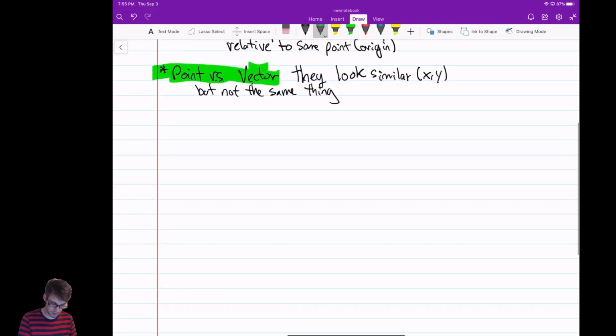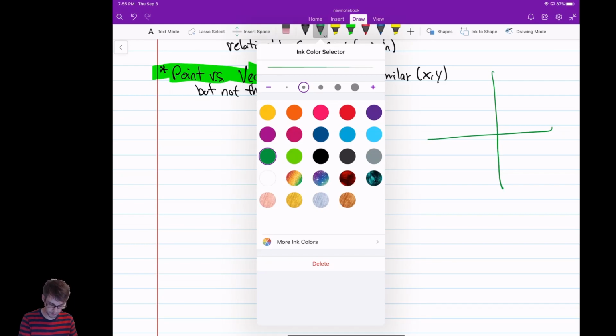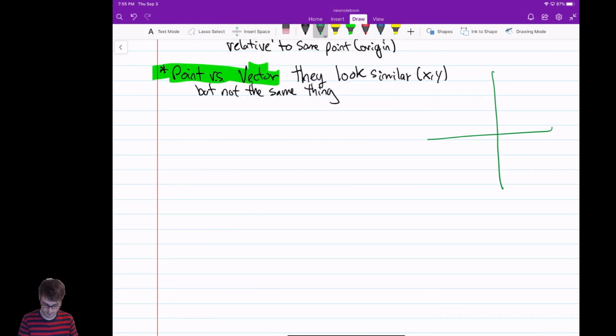Let's draw another coordinate system here. Now, if I draw the following, I'll call that A, and I draw. Now I'm telling you that all three of these vectors are the same vectors, same direction, same length, same magnitude.